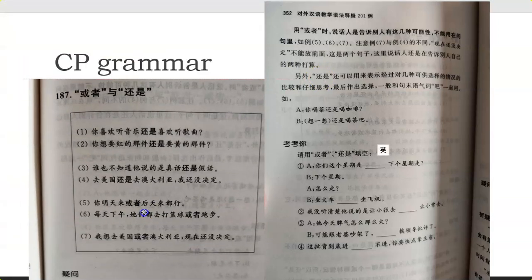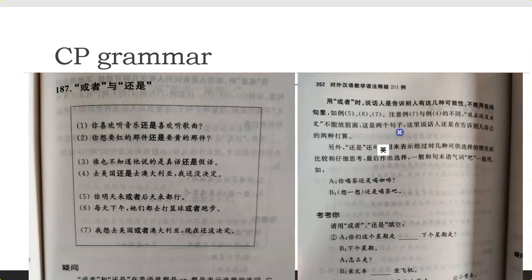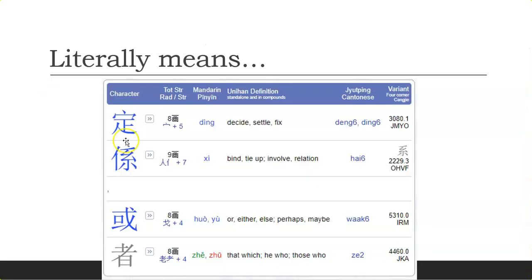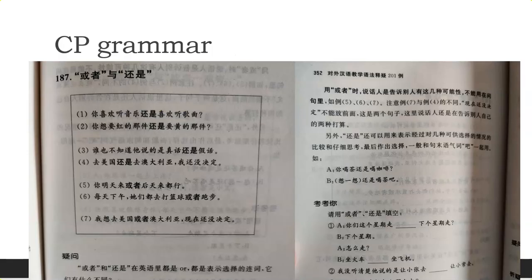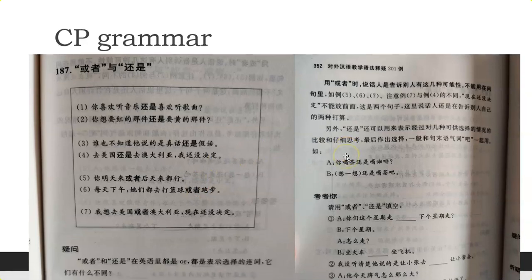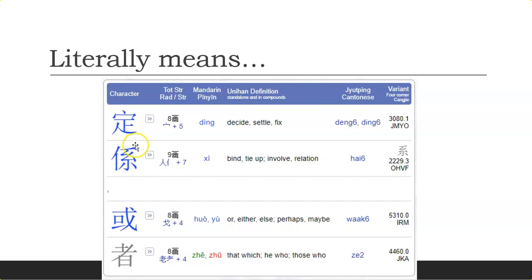Okay, so a recap for you. The first thing is 定係 is used for questions, and 或者 is more for statements. If the speaker uses 定係, they are quite uncertain about the options or the situation.